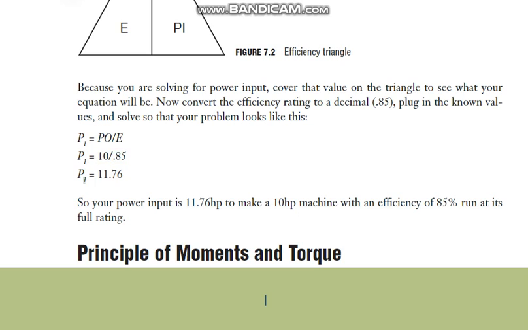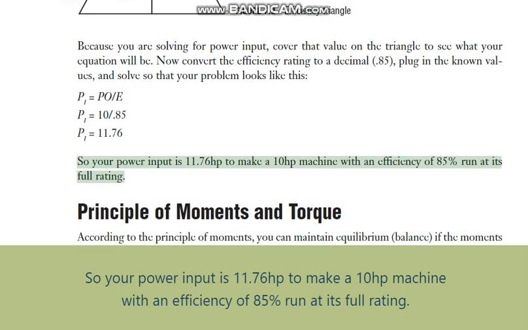PI equals 11.76. So your power input is 11.76 HP to make a 10 HP machine, with an efficiency of 85%, run at its full rating.